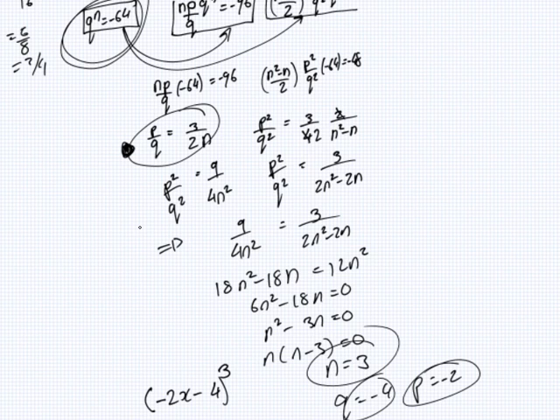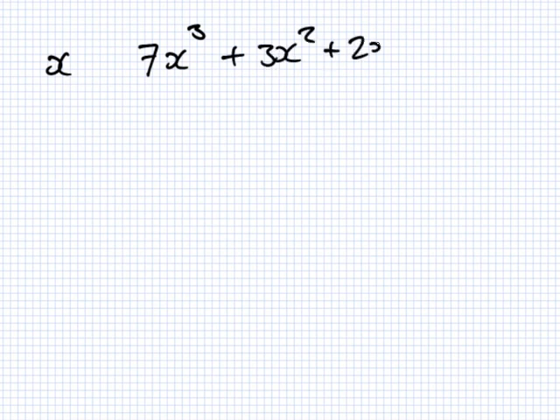You know, is it find p and q or find p? No, just p. Oh, well then I can do it, yeah. Okay, read out the question. x is a factor of 7x cubed plus 3x squared plus 2x plus p.